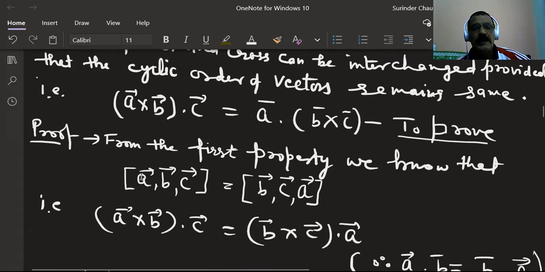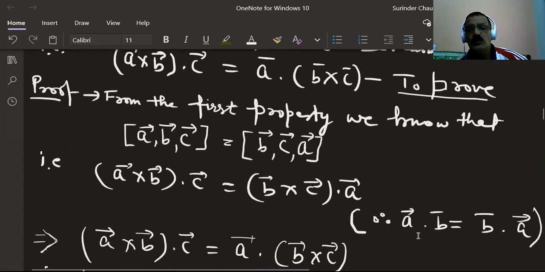If A, B, C are changed in cyclic order, the value of the scalar product remains the same. So we take these two results from the first: the ABC scalar product is equal to the BCA scalar product. This is written as A cross B dot C implies B cross C dot A, by the definition of the scalar product.